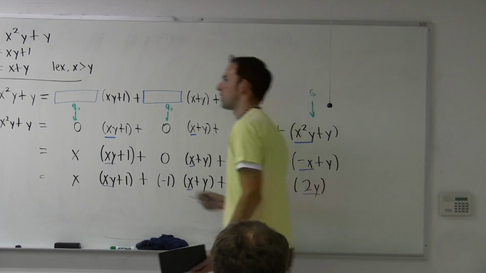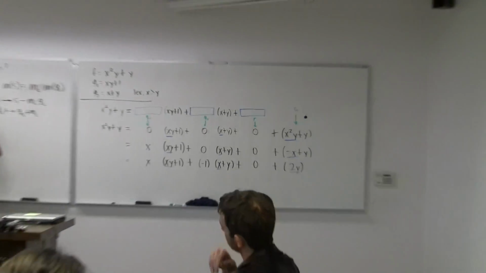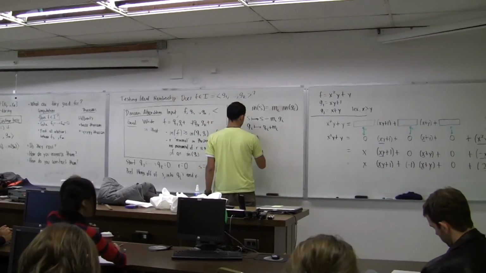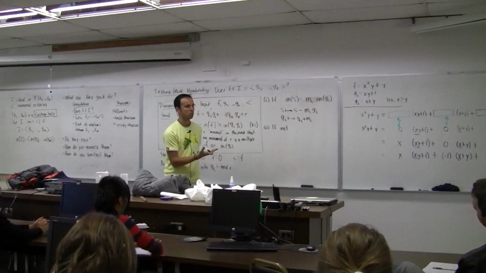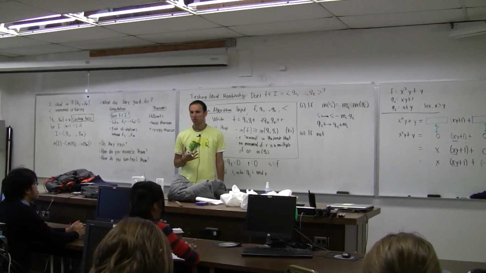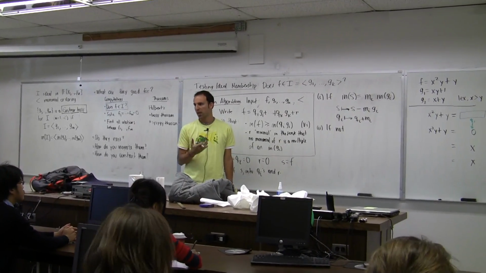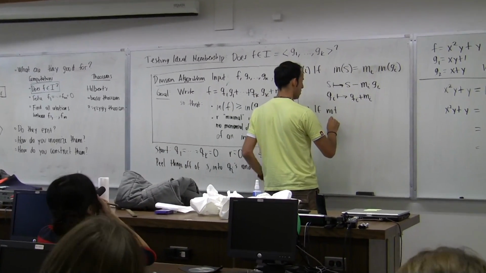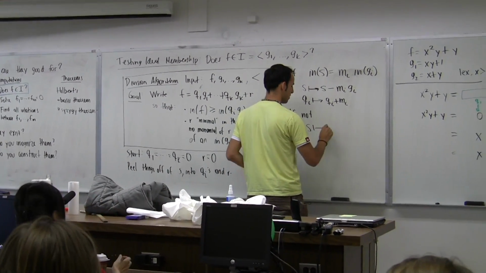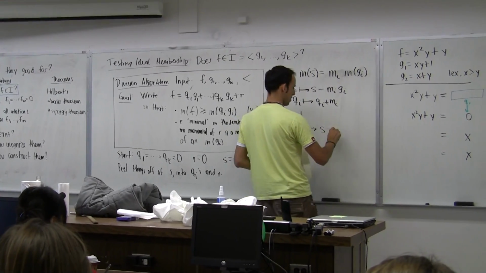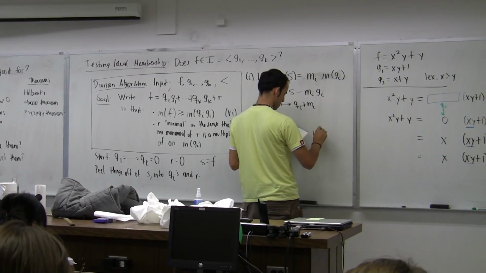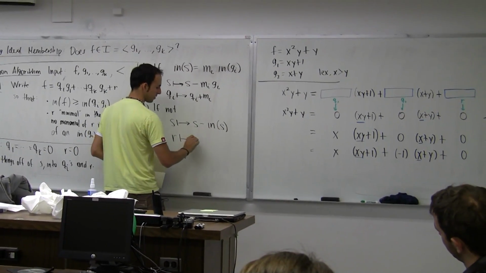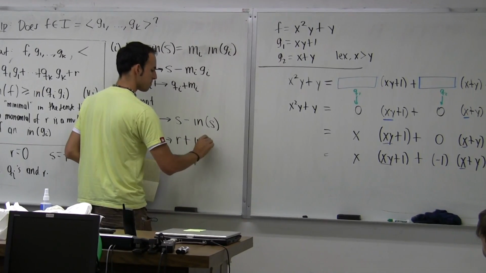And that's step 2, that's case 2, which is: if not, then the point is that this 2y, you're not going to ever be able to cancel it using these other guys, and so you just give up and put that into R. So you take that term and you take it away from S and you put it into R because you're never going to be able to cancel it.